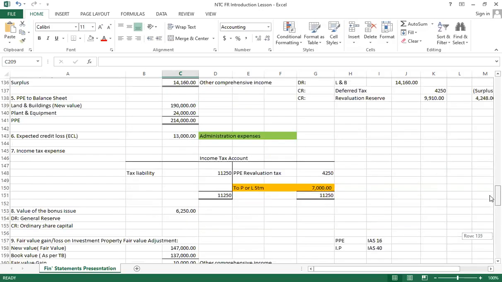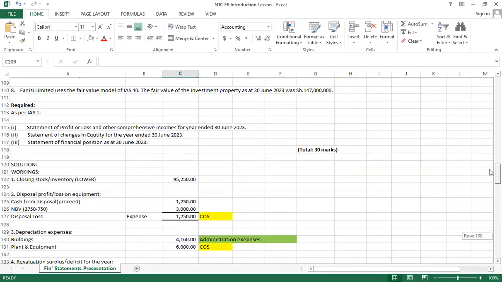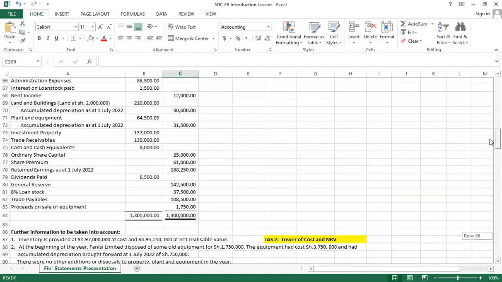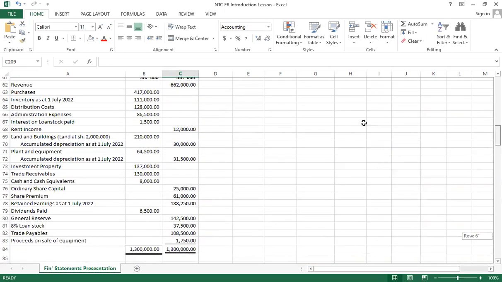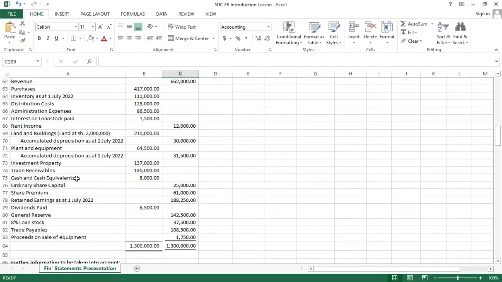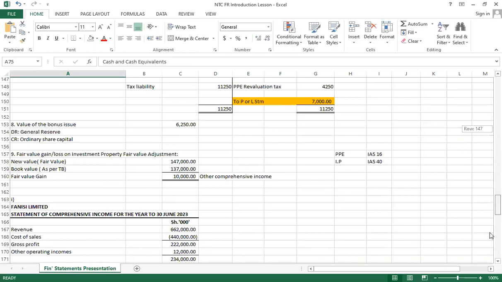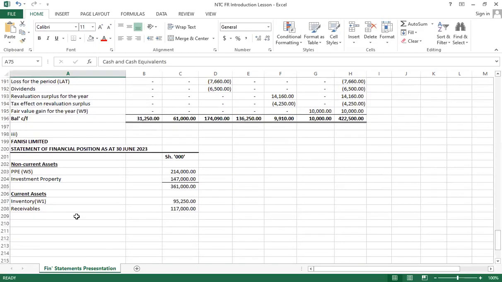Let me check in the trial balance whether I had cash and bank. And yes, we actually had the cash and cash equivalents. So down here, we'll say that we have cash and cash equivalents.